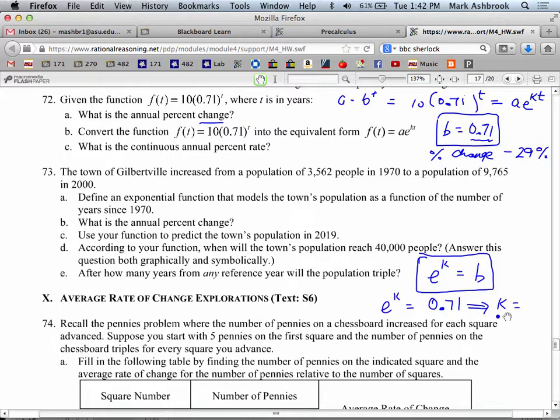So which exponent do we have? We have the exponent of e that gives 0.71. That is what we write down: the exponent of e that gives 0.71.